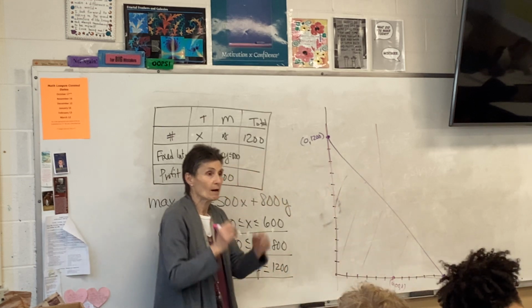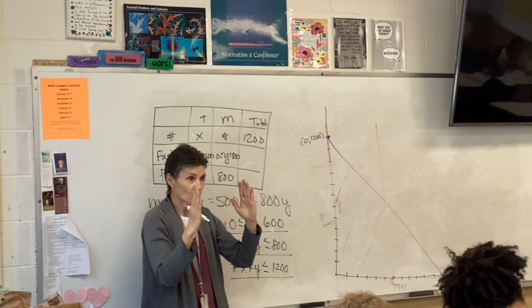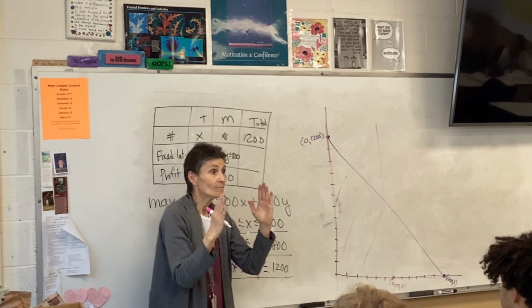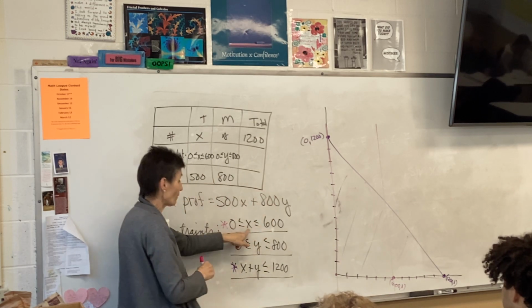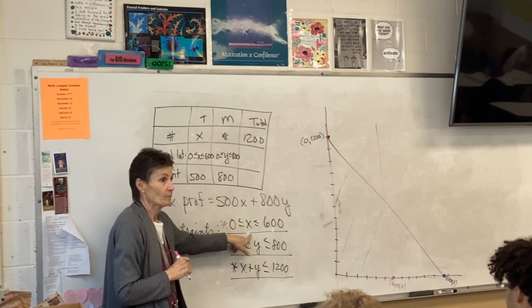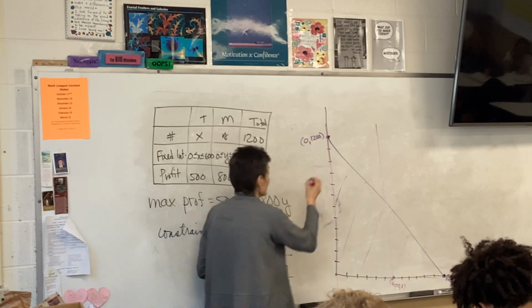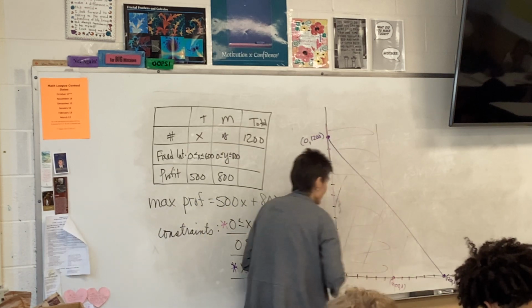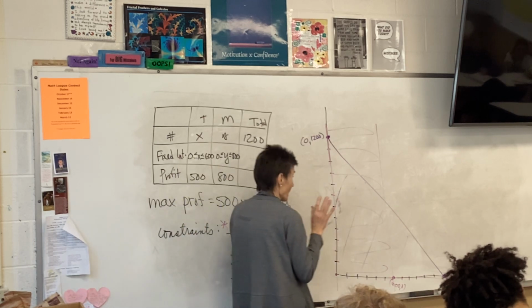Where would I shade? Now I have two vertical pink lines. Where do I shade them? In between. Exactly. In between. Where is that X sitting? In between 0 and 600. So you are going to shade everything in between 0 and 600. So right now, we're not done yet.